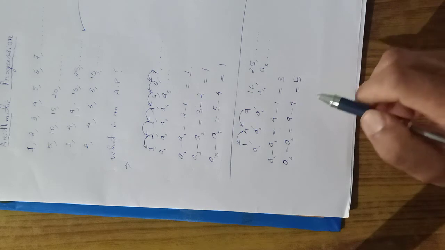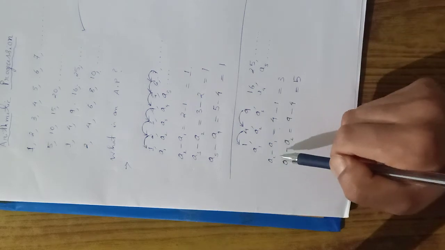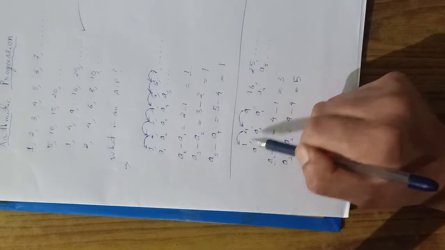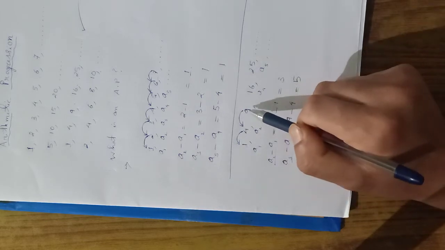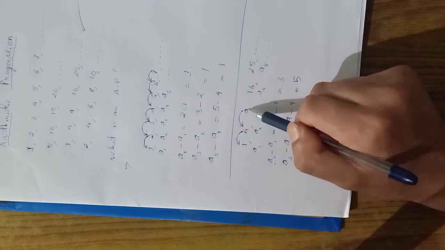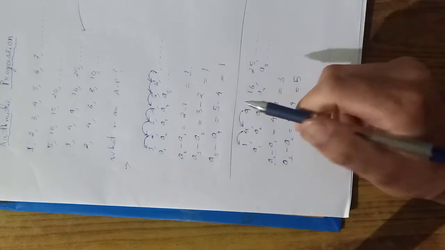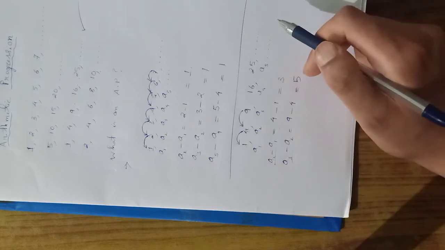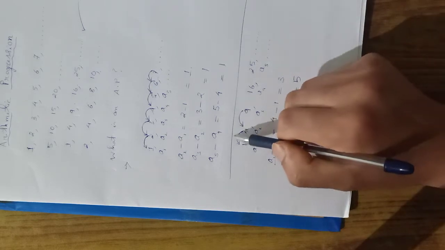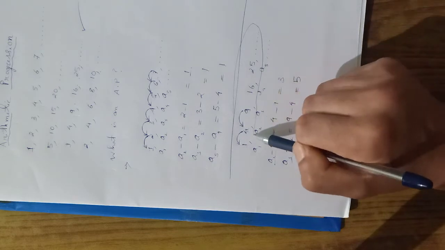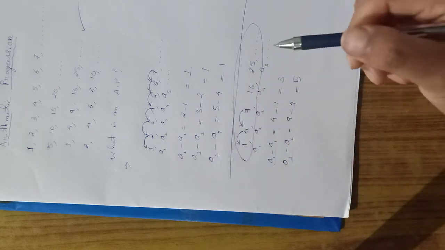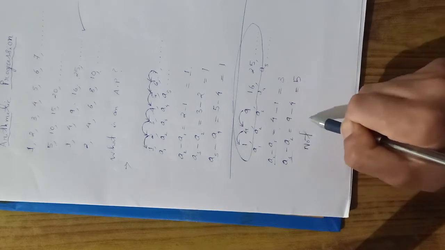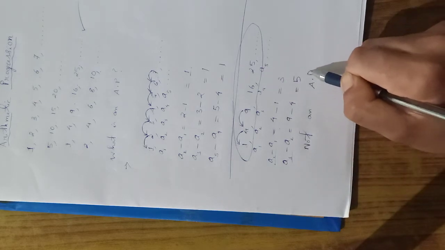It means from these two steps we can conclude that the difference between the first two terms is 3, while the difference between the next two consecutive terms is 5. That means the differences between the consecutive terms are not equal. So we can conclude that this given series of numbers is a sequence but not an arithmetic progression.